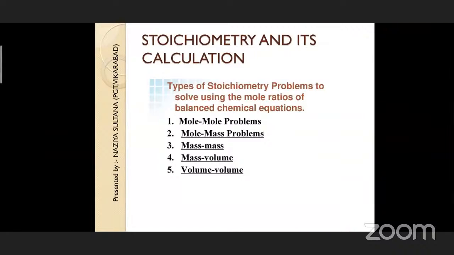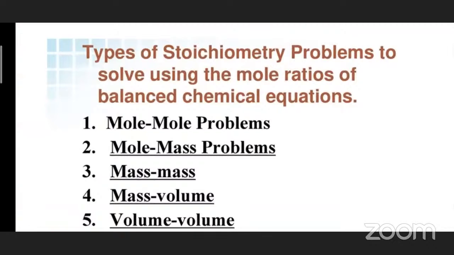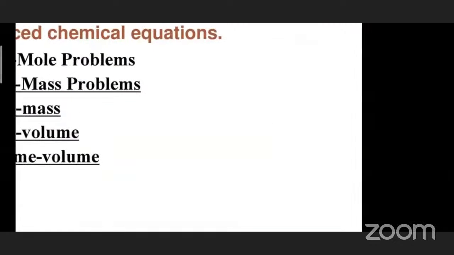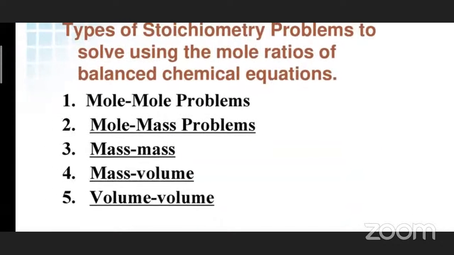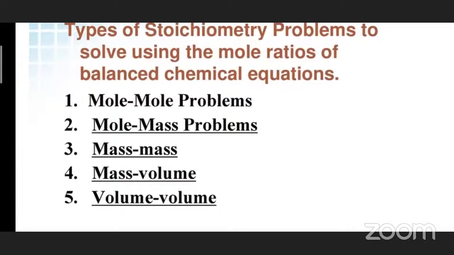Today, we are going to learn further problems on stoichiometric calculations. The problems in stoichiometry are classified into different types. They are classified as mole-mole problems, that means the moles of the reactant are given. Suppose in a reaction, two reactants are reacting and giving you the product.